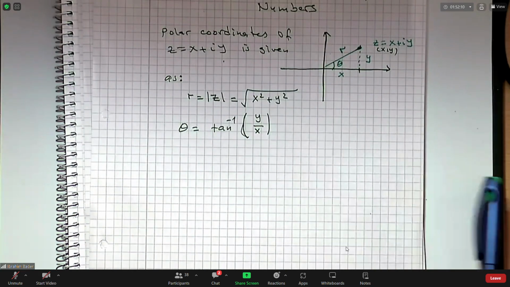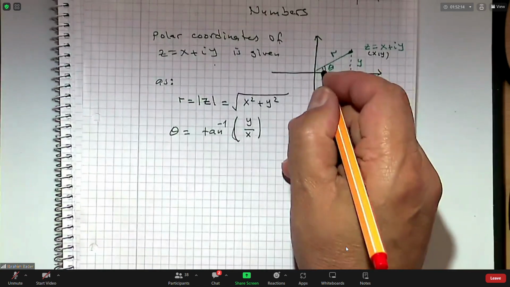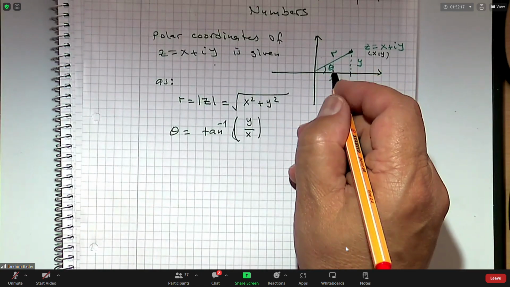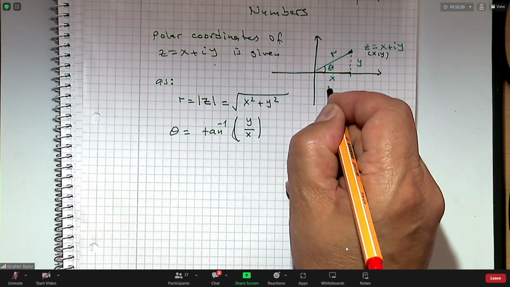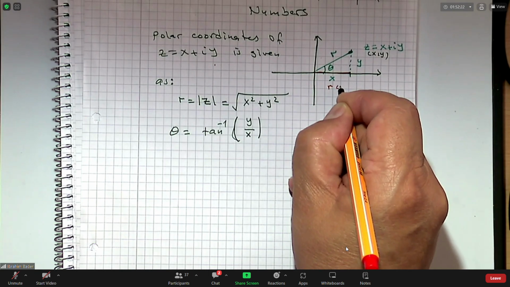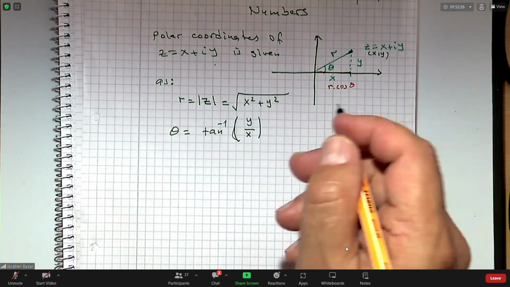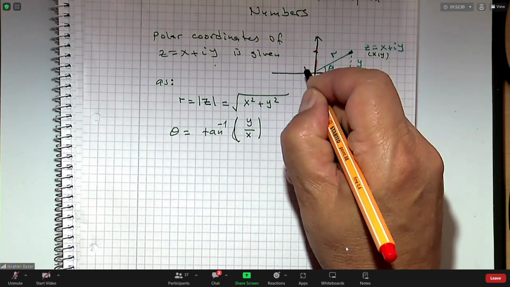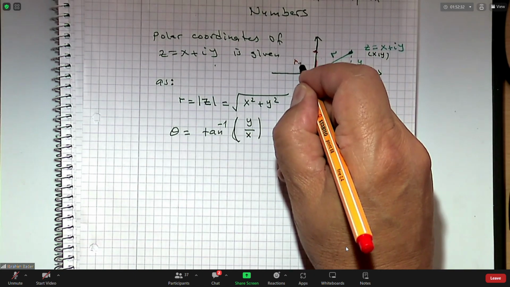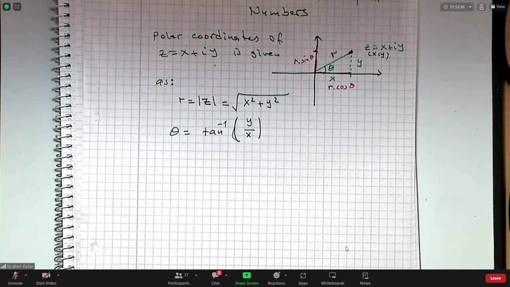If this is R, and this is theta, the X component is just R cosine theta, and the Y component is just R sine theta. So this is where this formula comes from.